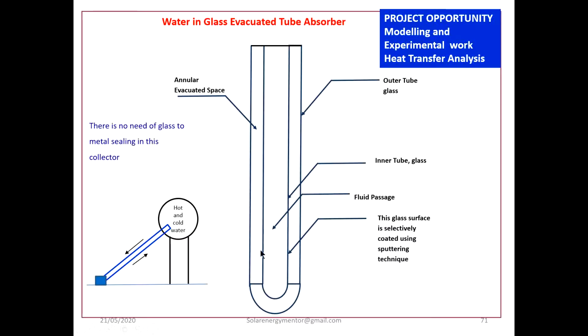Before going to the disadvantages, let us enumerate the advantages of this glass evacuated tube absorber. They are cost effective. Previously, when these evacuated tubes were not available, they were not cost effective.